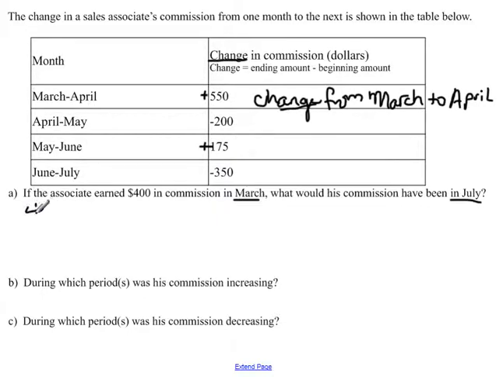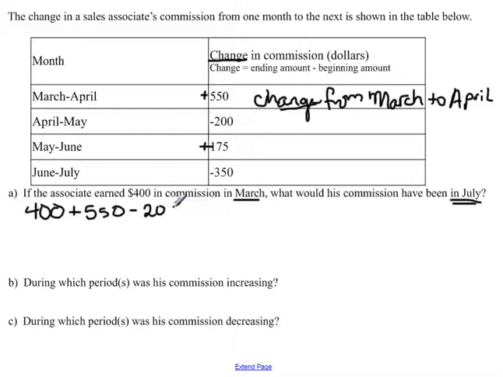If we take the $400 that the associate made in March, then to that we can add $550, because that was the change from March to April. But notice that we're not stopping in April. We have to go all the way up to July. So let's continue looking at the change. From April to May, the change was $200, so from this we're going to subtract 200.